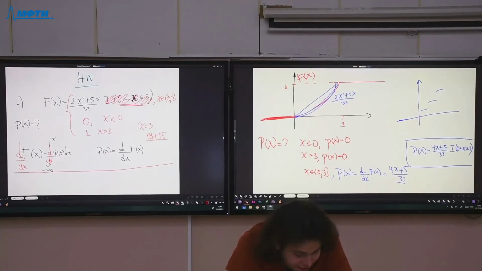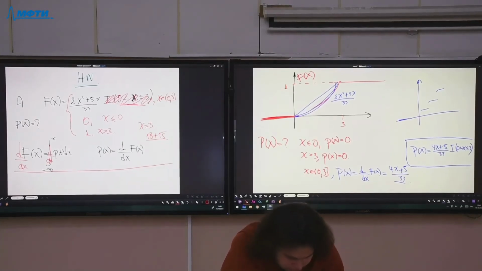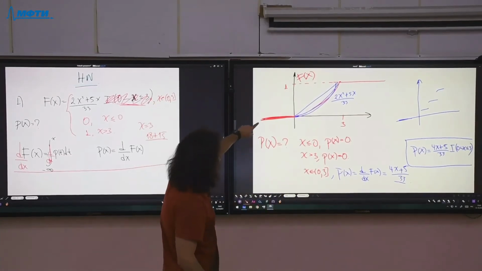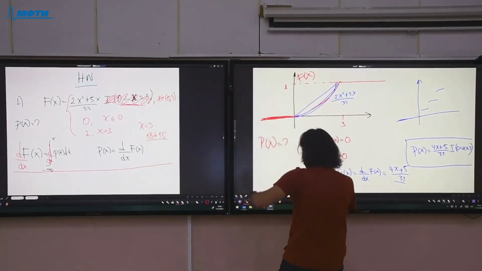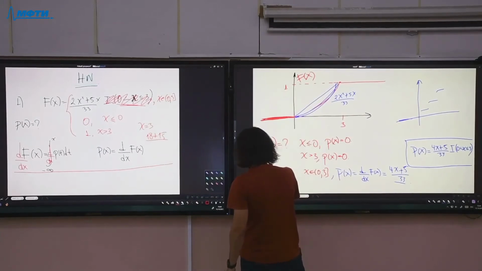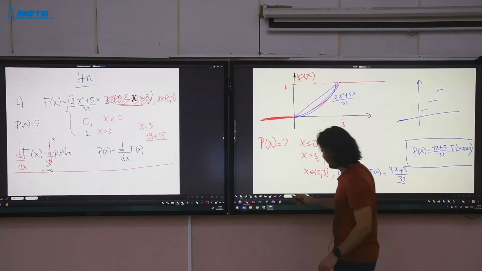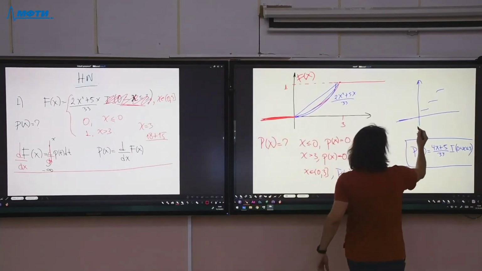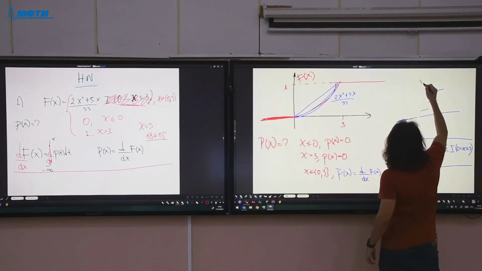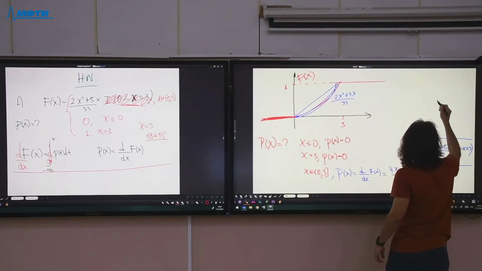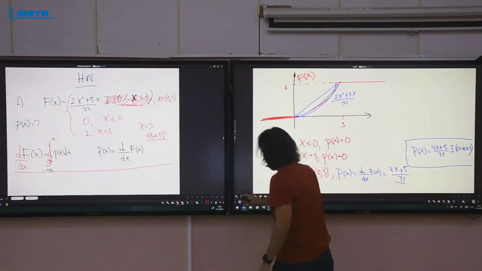Okay, that later. So we already have the CDF. What about the PDF? How does it look like?